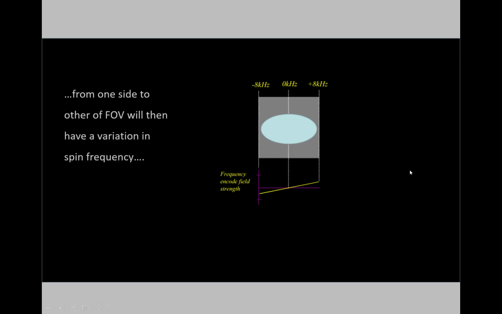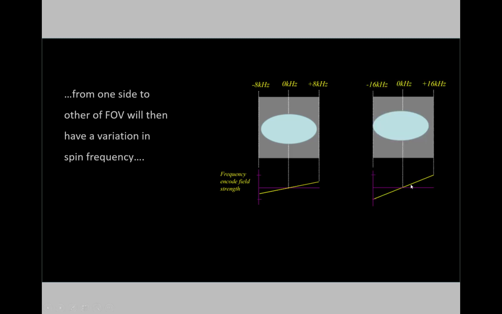Because, for example, if we went for a steeper gradient, say twice as steep as this gradient, we get the same effect, but now we get a bigger difference in precessional frequencies as we move from one edge to the other, simply because we have a bigger field strength difference as we move from one edge to the other. So that means we have twice the bandwidth in this case that we do in the previous case. So that's 32 kHz full bandwidth versus 16 kHz on the left.